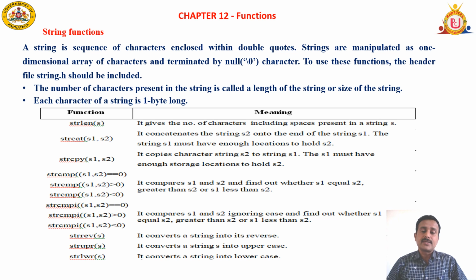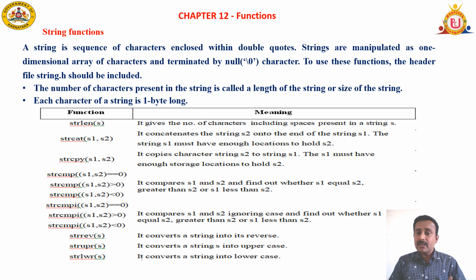Considering the case difference, if you enter it in uppercase and compare with lowercase characters, it won't match. It will give you the result as non-zero. It's going to compare the two strings. If both the strings are exactly equal without a case difference, then it is going to give 0. If both the strings are exactly equal, then the resultant value will be 0.